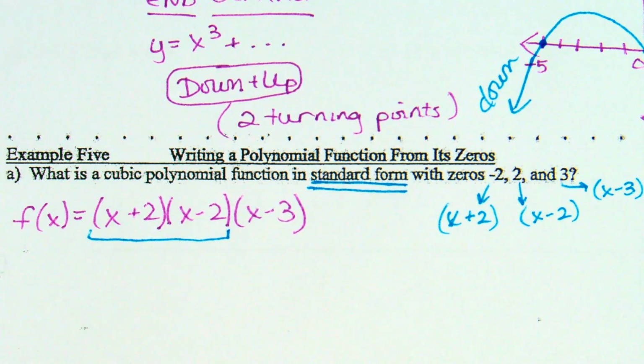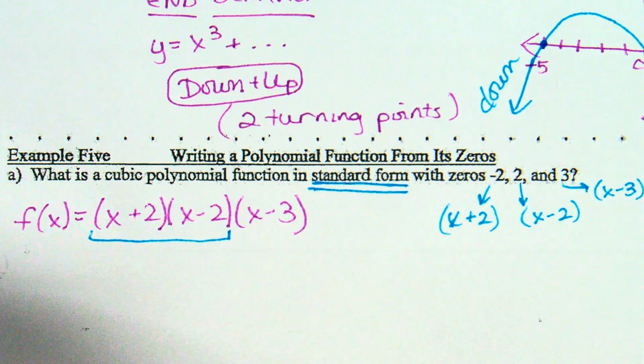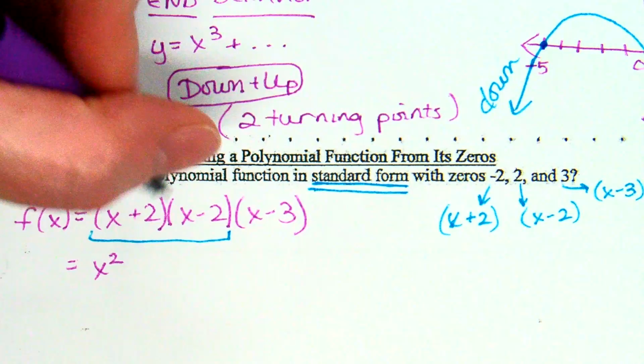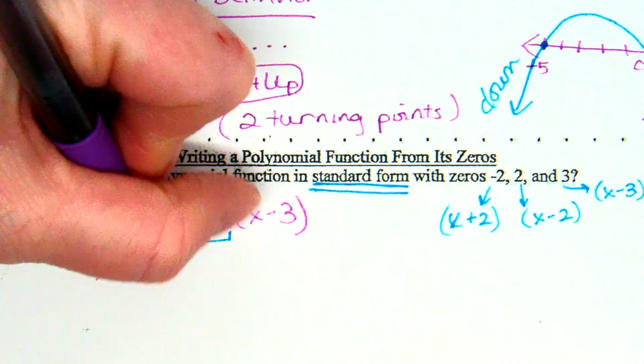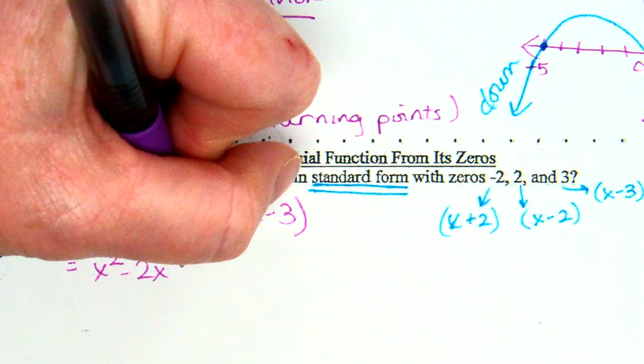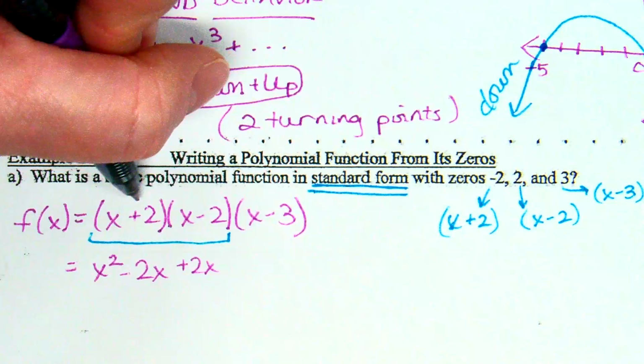So, if we start FOILing: x times x, x squared. x times minus 2, minus 2x. Positive 2 times x, plus 2x. And 2 times negative 2.